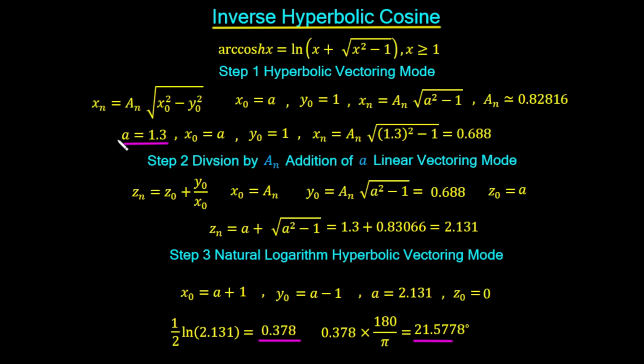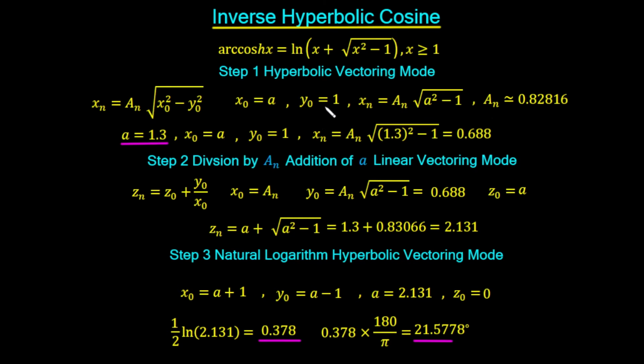So let's choose an actual value that we're going to work with. The actual value we're going to work with throughout the rest of this example is 1.3. So we're looking to find the inverse hyperbolic cosine of the value 1.3. For the first step here, we're going to set the value of x naught equal to a, which is just our 1.3.